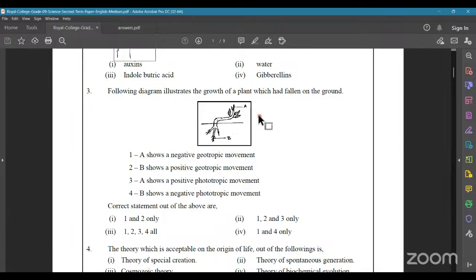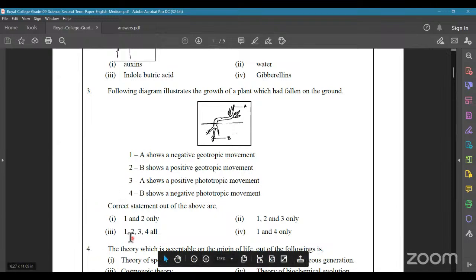That is correct, right? So the third one is also correct. B shows a negative phototrophic movement. That is also correct, right? Light is coming from above, but B is growing opposite to that direction. That means negative phototrophic movement. So 1, 2, 3, 4. All the answers are correct.